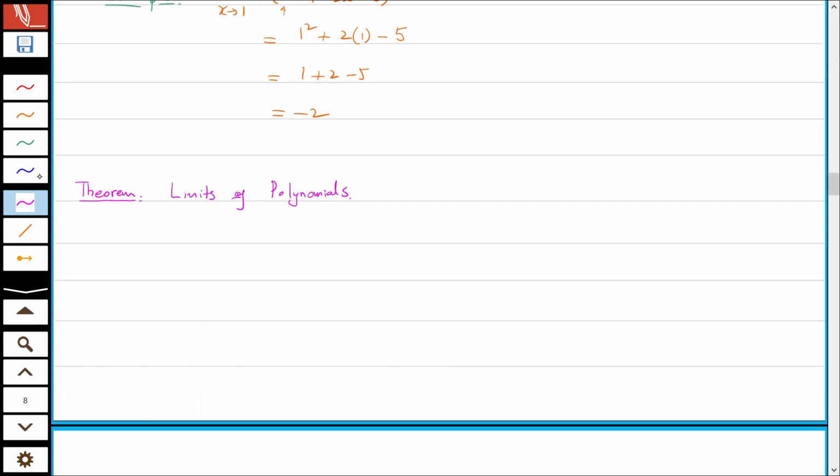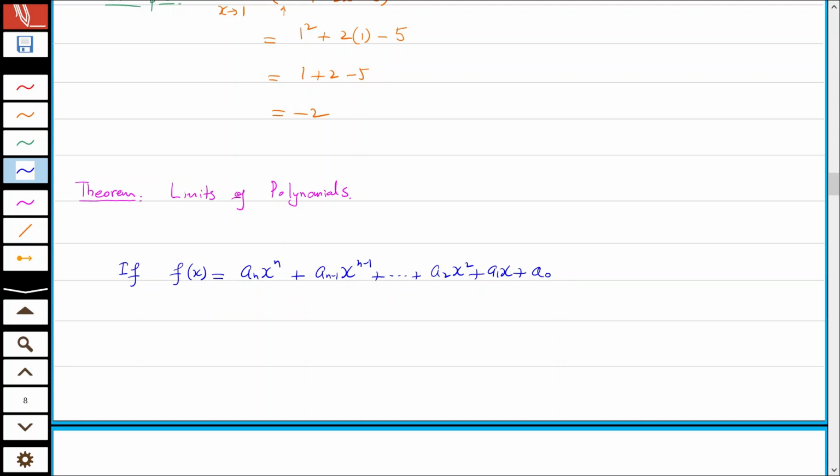If f of x equals a polynomial, a_n x to the n plus a_(n-1) x to the n minus 1, up to a_2 x squared plus a_1 x plus a_0, where a_n, a_(n-1), a_2, a_1, a_0 are all constant values, real numbers.